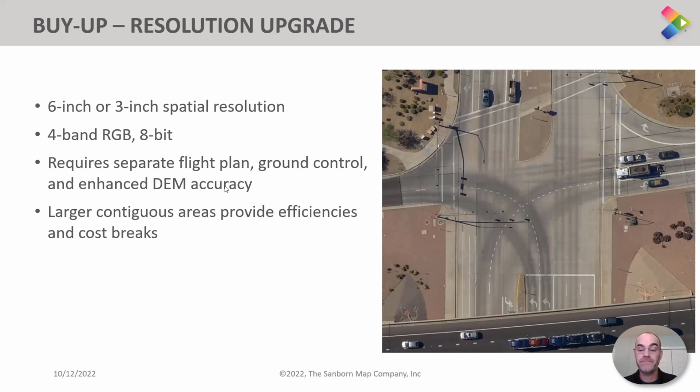As we'll talk about with timing, this does require us to design a separate flight plan and have assets available to collect at the time of imagery capture for this product. So this would need to be identified prior to flight if this increased resolution option were something you were interested in.